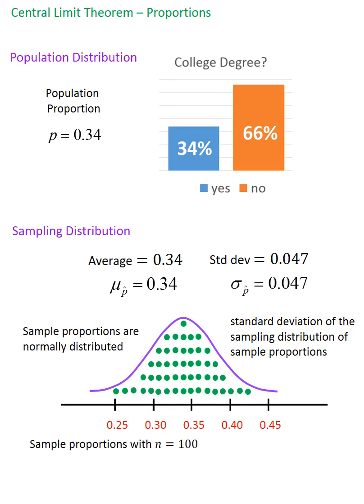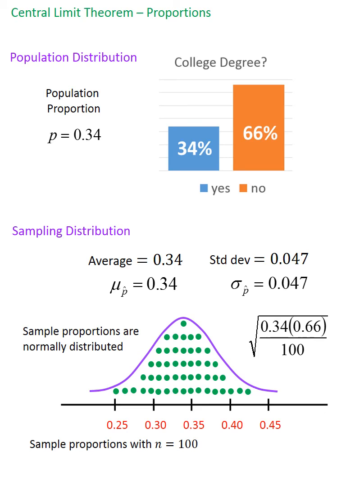And further, the central limit theorem gives us a way to calculate this 0.047 number. And here is the way we calculate it. Notice inside this radical, I have my yes percentage times my no percentage divided by my sample size.